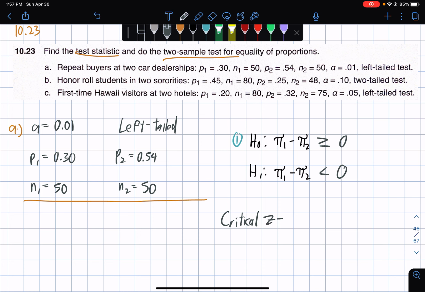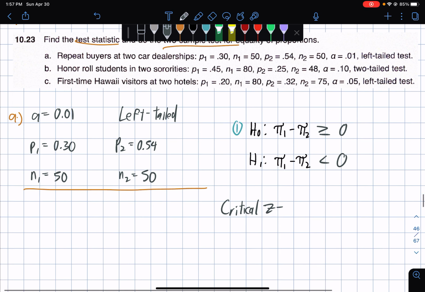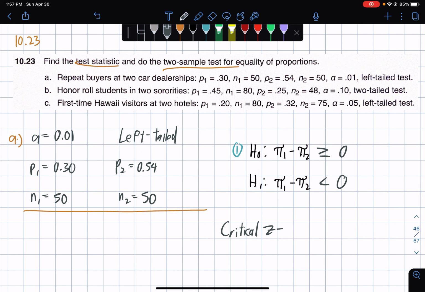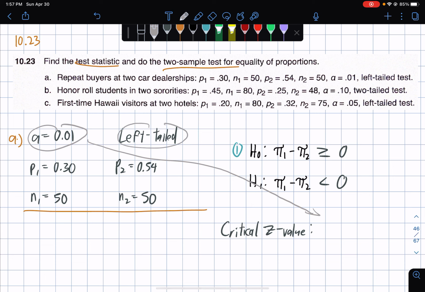We're not looking for a t value because the formula for the test statistic for equality of proportions basically involves the z table, not the t one. So critical z value we look for using the standard normal distribution process. We need the alpha and the fact that it's left tailed. So yeah, I hope you have your z table with you. We're gonna make use of it more often. Let me just resend it.